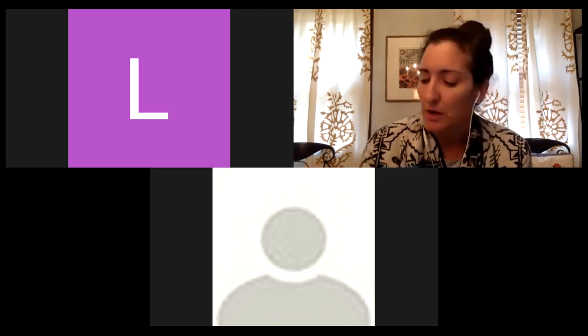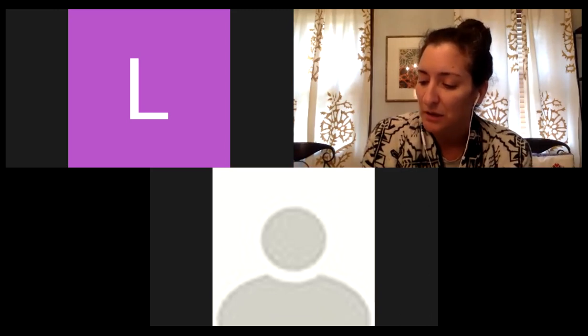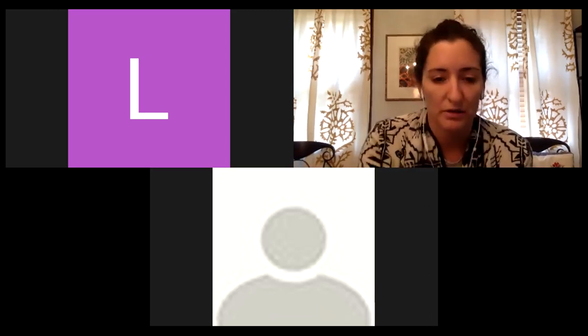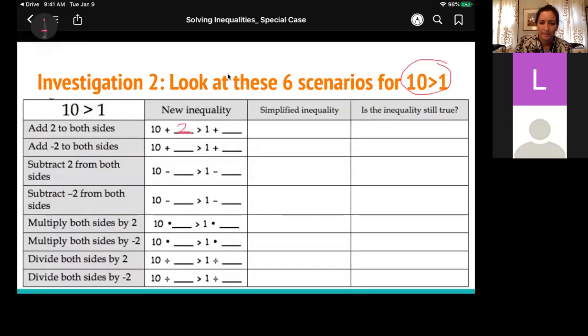Okay. So for the first one, if we have 10 is greater than 1, and we add 2 to both sides, and we do 10 plus 2 and 1 plus 2, I do the math on these. What's my new inequality that I end up with?